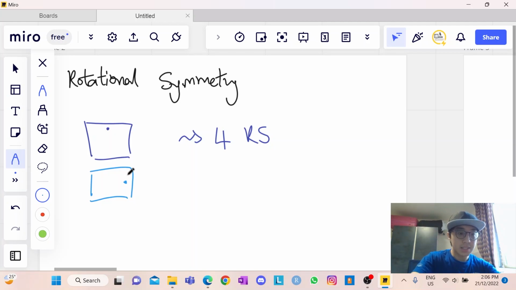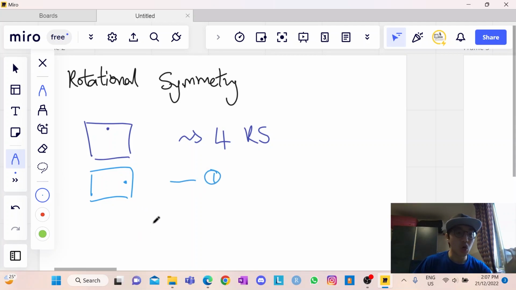Let's say you have a square which is flat on the top and then 2 by the side. You will turn the square until you get the exact same one as the original. Ignore the dot, the dot is just to show you how many rotational symmetry there are when we rotate the square. From this you rotate until you get another flat line on top. This is one rotational symmetry.